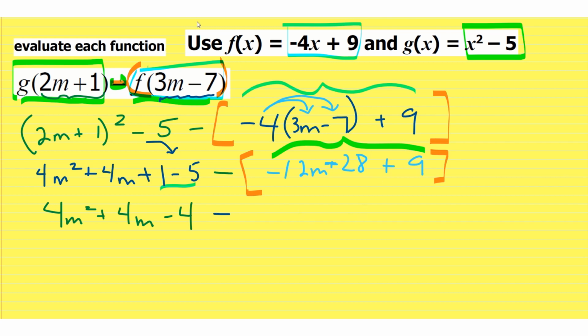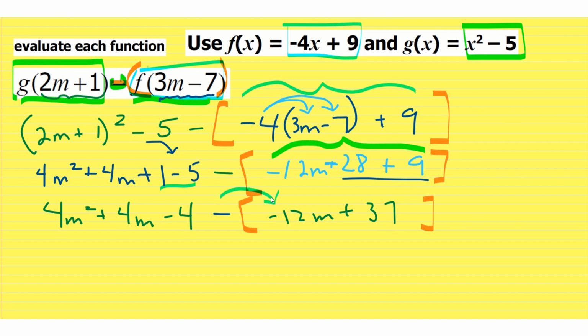So what's in the bracket can be simplified. The 28 plus 9 can be combined. So here's my bracket, and inside my bracket I have negative 12m plus 37.